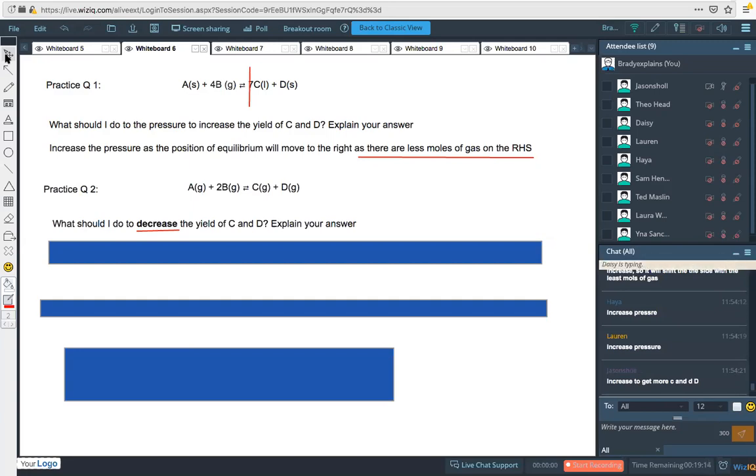So if we're decreasing the yield of C and D, think about which direction we're going to be shifting the position of equilibrium now.